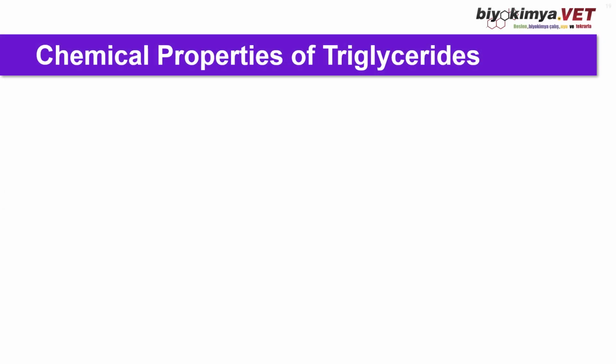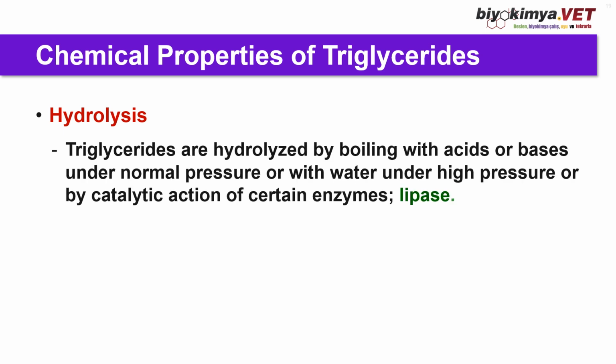Let's talk about the chemical properties of triglycerides. And the first one is hydrolysis. Triglycerides are hydrolyzed by boiling with acids or bases under normal pressure, or with water under high pressure, or by catalytic action of certain enzymes such as lipases, and especially the pancreatic lipase.